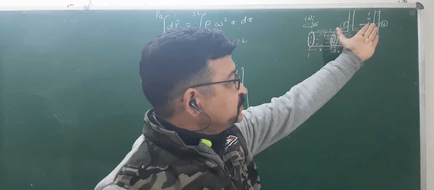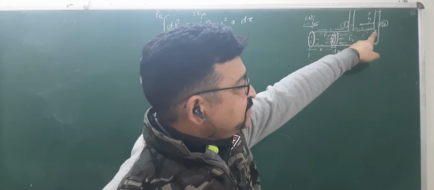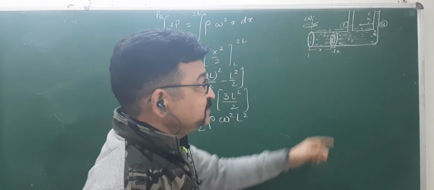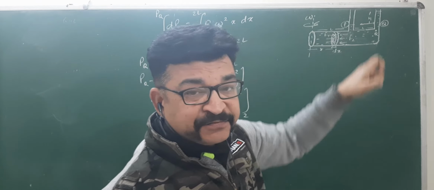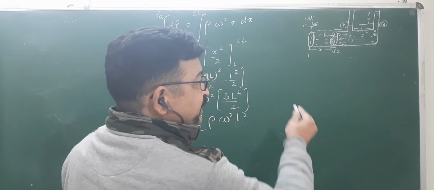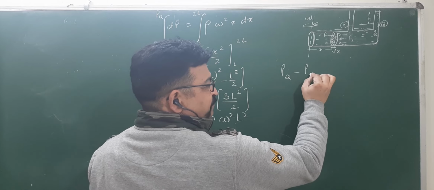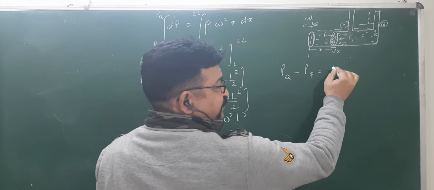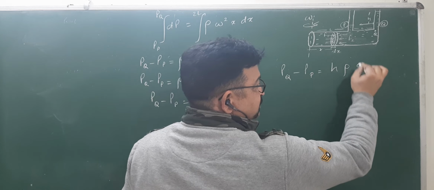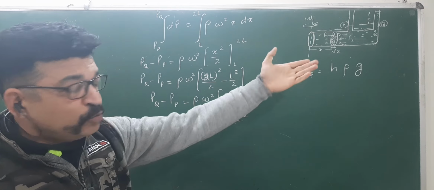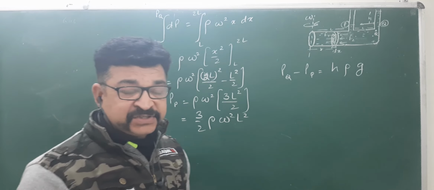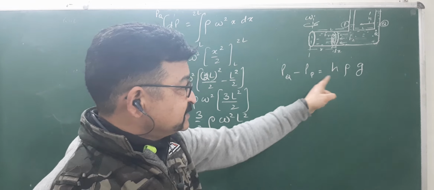But have a look at the two vertical capillaries. They have a height difference of h. So according to the hydrostatic view, the pressure difference between these two points is h rho g.